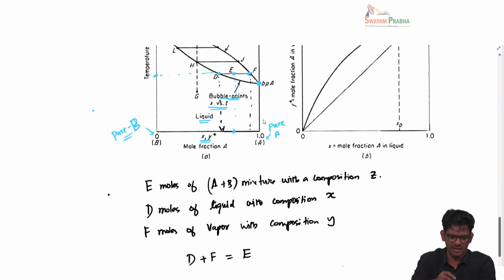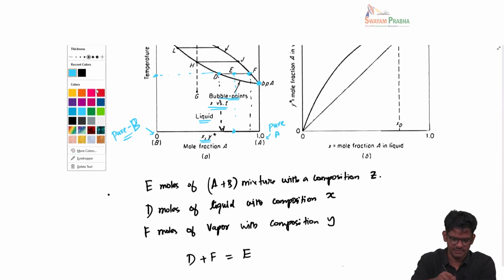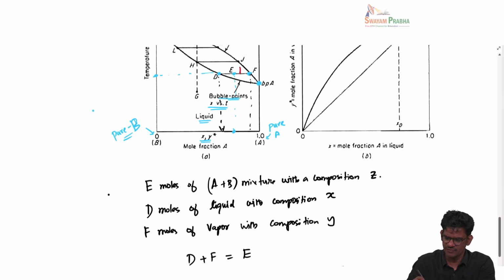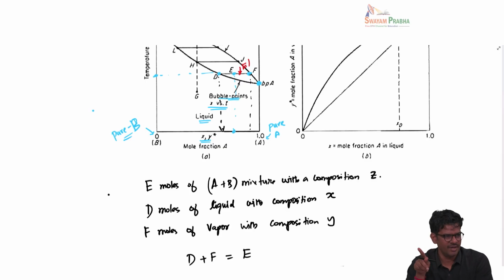Suppose I make a point here, let's say I create a composition somewhere here corresponding to E prime. This will also phase separate into liquid and vapor, and those will have the same composition as the ones before.